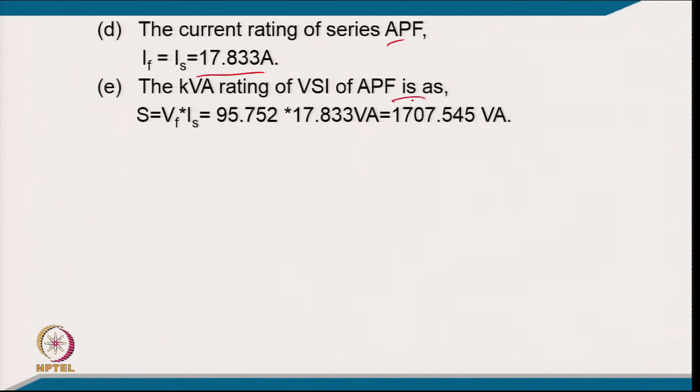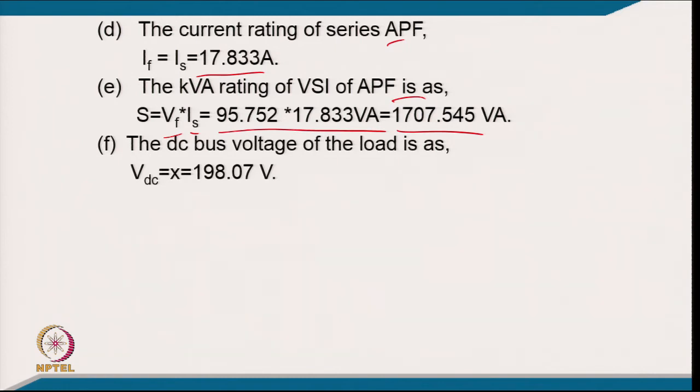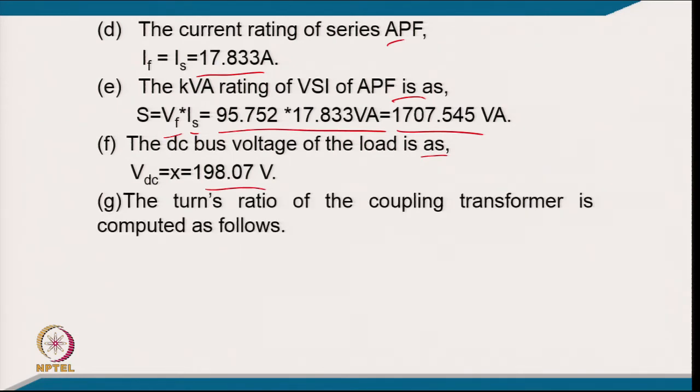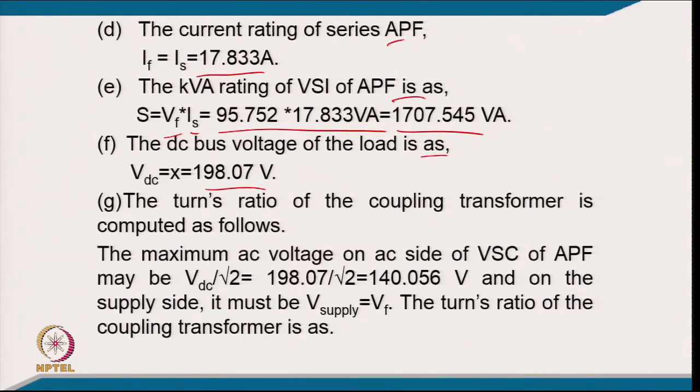And the kVA rating of the voltage source converter of the series active filter, VF into IS, putting the value of this, it comes 1707.545 volt ampere. And the DC link voltage of the load is the same, which we got, X equal to 198.07, for the minimum injected voltage in series with the line. And the turns ratio of the coupling transformer, we can find out from this voltage, how much AC voltage we can generate.